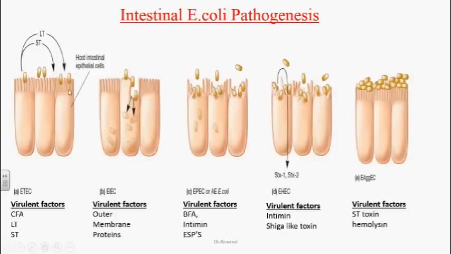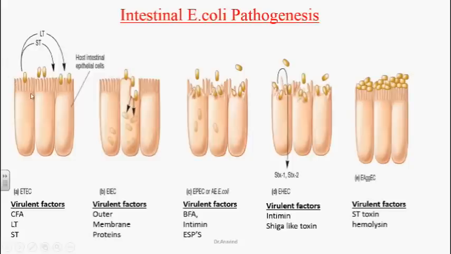They will enter into the GI tract. Whenever they enter into the GI tract, by escaping from the stomach acidity, they require a high dose of organisms. Almost thousands of organisms are required to cause an infection.